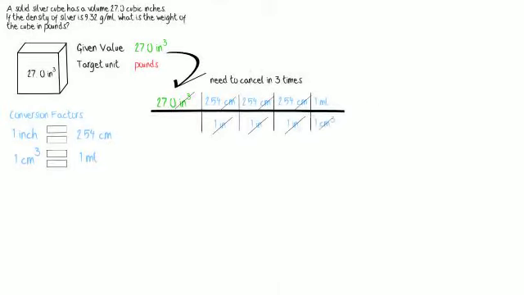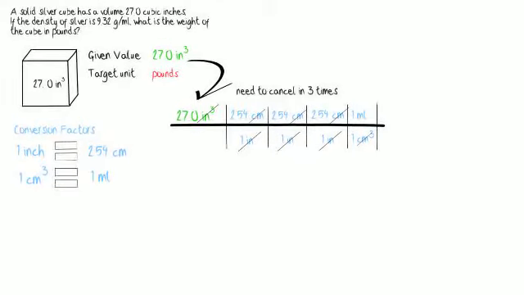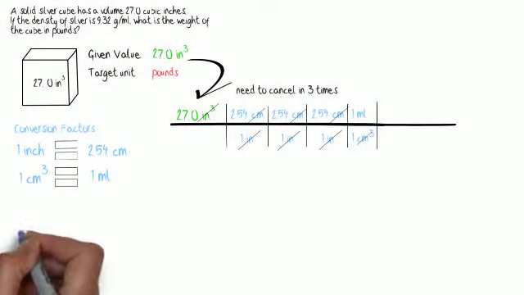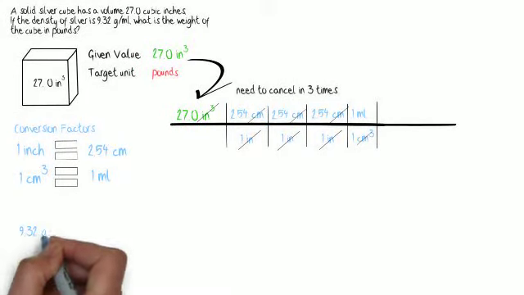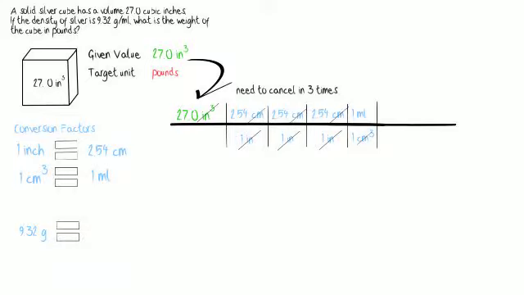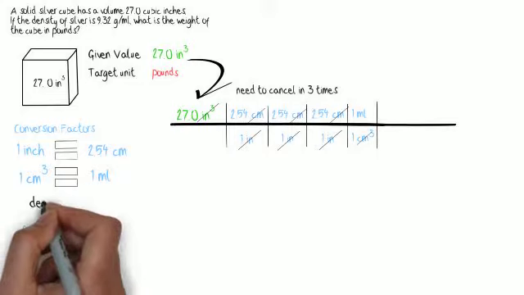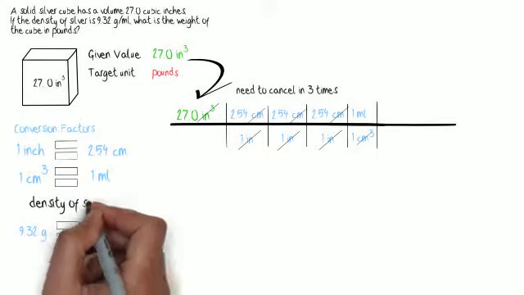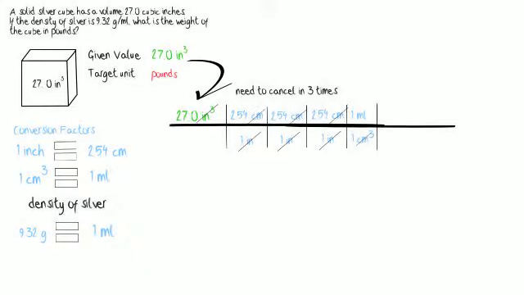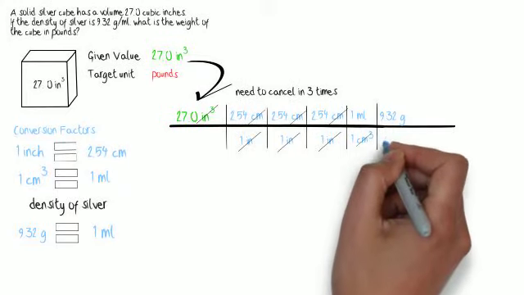Okay. So now we're in milliliters, but we want to get into pounds. So we got to use the density. Density allows us to convert from a volume unit to a mass unit. So the density of silver is 9.32 grams for every 1 milliliter.